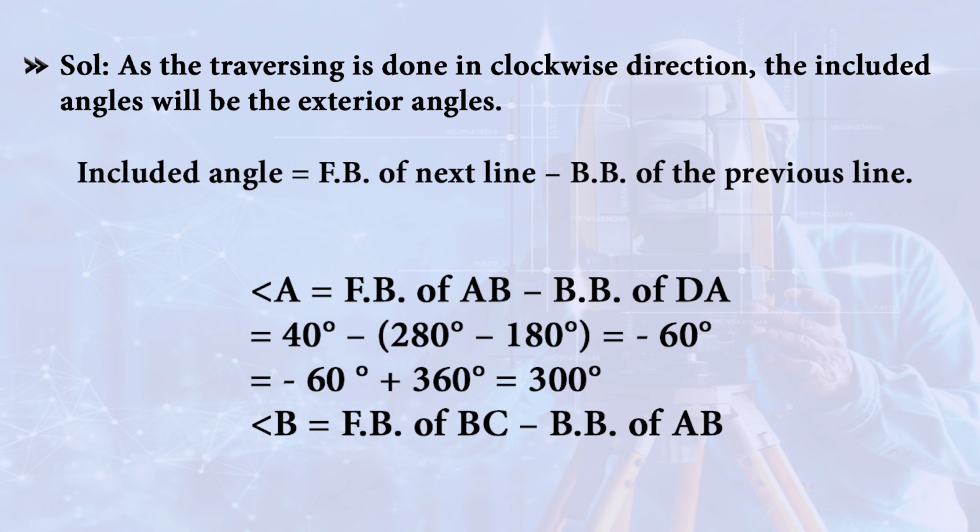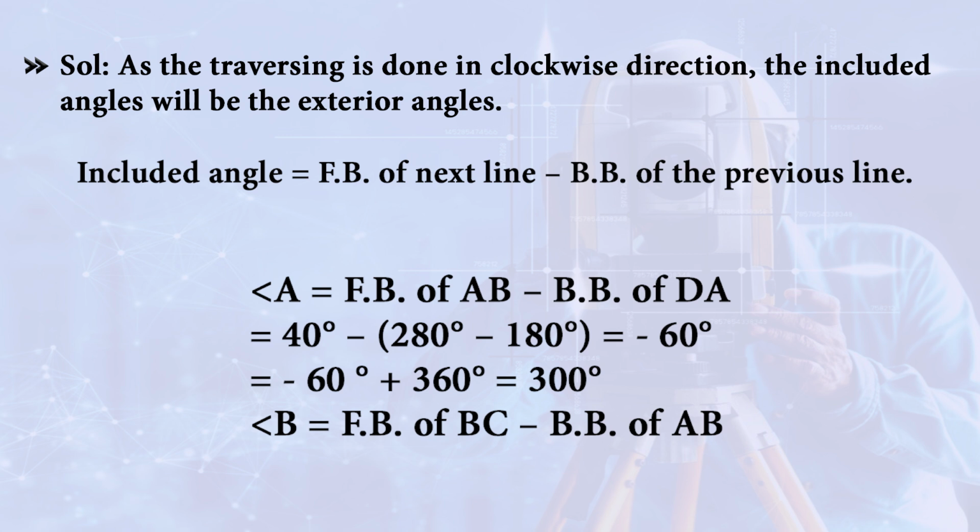So, the equation will be 40 degree minus 280 degree minus 180 degree. It will give you minus 60 degree. Since it is a negative value, we will add 360 degree to it. Then it will be minus 60 plus 360 degree. It will result in 300 degree.